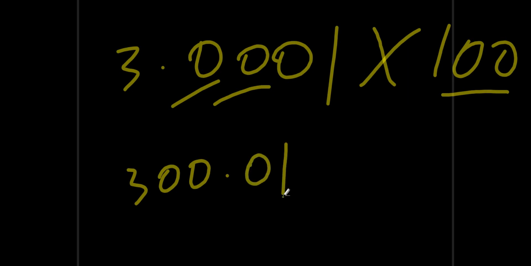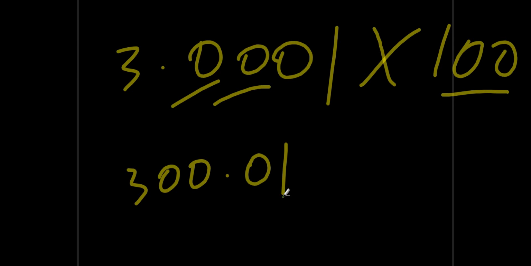Point 0.01. And if you look at it logically, if I have 100 being multiplied by 3, it must be 300. It's actually increasing to 300, because 3 times 100 gives us 300.